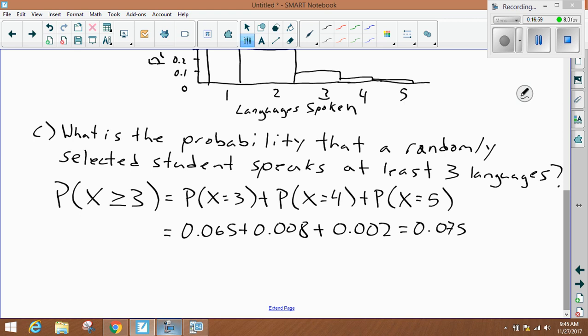So we're starting with the probability x equals 3. So the probability that a student speaks at least 3 languages is 0.075. All right, fantastic.